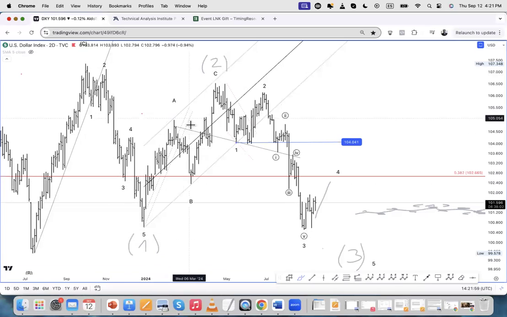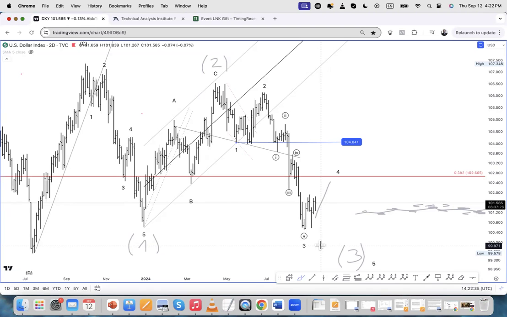And we have 5 waves down, 3 waves up, and we say, well, the next move should be a 5-wave move, and it's going to be a 3, or it's going to be a C. Well, what's the difference? Well, for practical reasons, known labeling. That's the only difference, because we know that whether it is a 3 or a C is going to move to the downside.